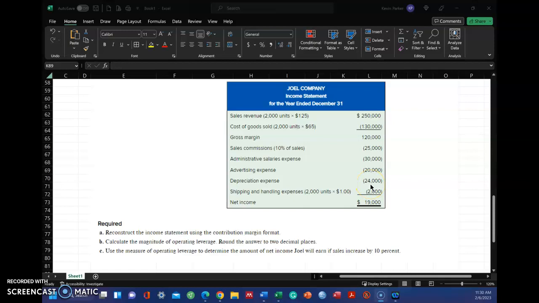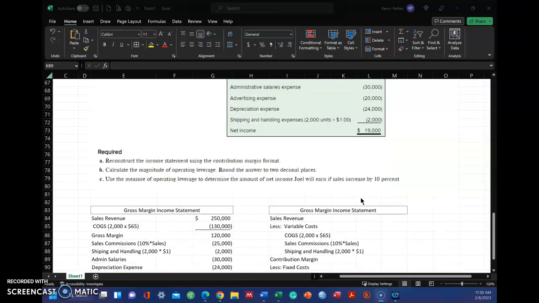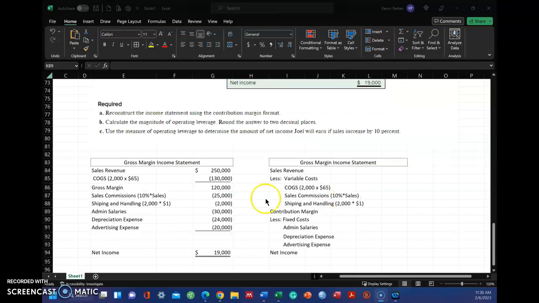We're just going to chop and slice and dice the contribution margin income statement a little differently than the gross margin statement. But either way, we start and end at the same place. Okay, so I've already recreated a gross margin income statement, $250 and $19,000.